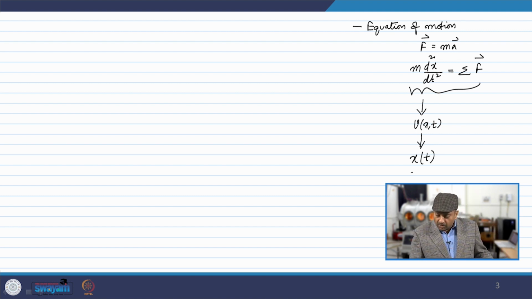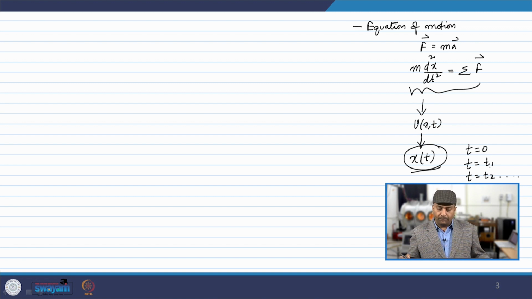So, at any value of time, let us say t equals 0, or t equals t1, t equals t2, and so on, once you know this analytical expression of x of t, you will be able to find the position at any subsequent values of time.